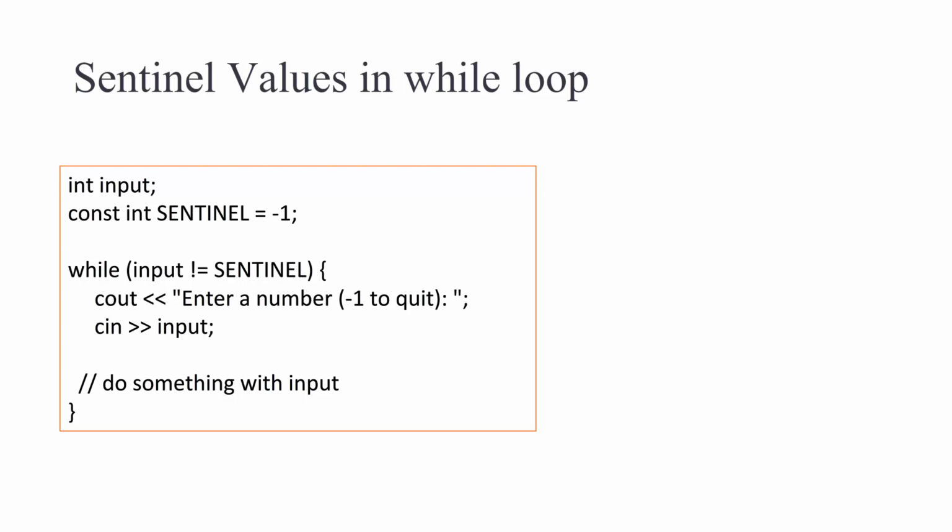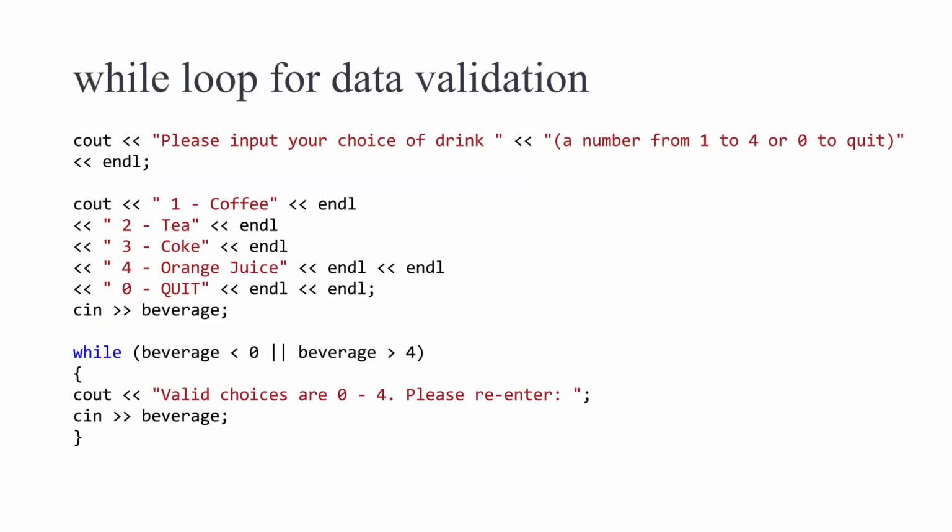If the user enters the sentinel value, the loop terminates and the control is passed to the next statement after the loop. A while loop is a common construct used in data validation to repeatedly prompt the user for input until valid data is entered.